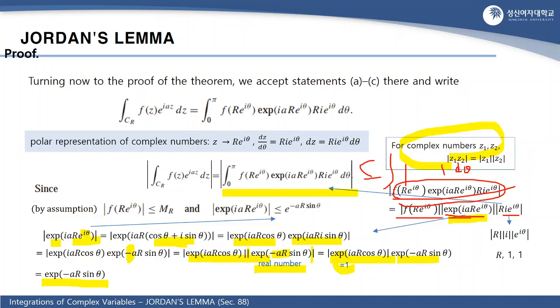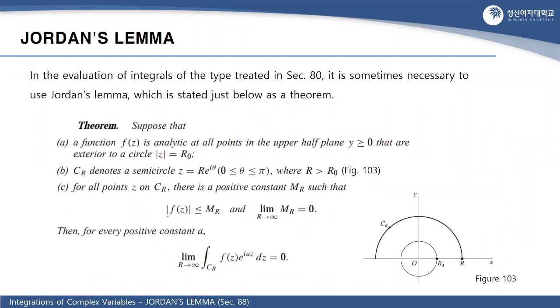Here, the first term, the magnitude of f of R e to the i theta, can be upper bounded by capital M sub R because of the assumption. You can check it, this.